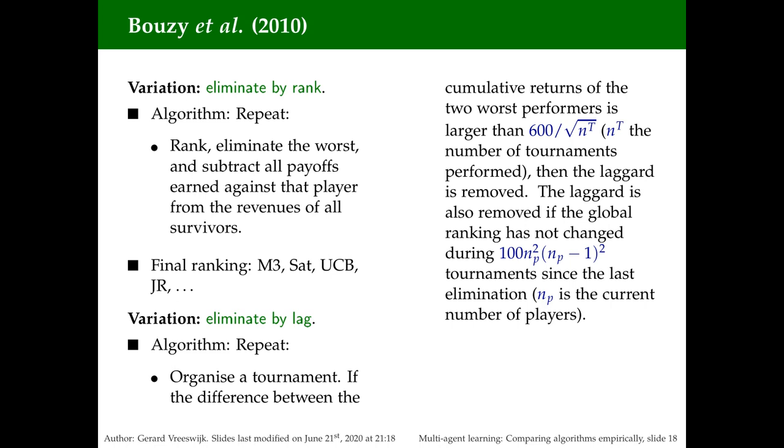And if the global ranking didn't change after so many tournaments since the last elimination, then the worst performing algorithm was also removed. And the final ranking, at least the top three, was similar to the top three with the other knockout method.